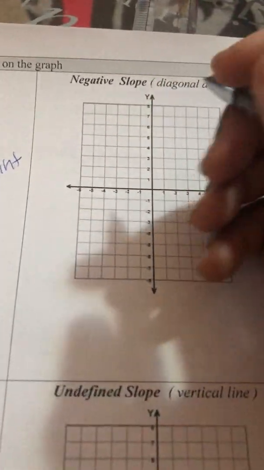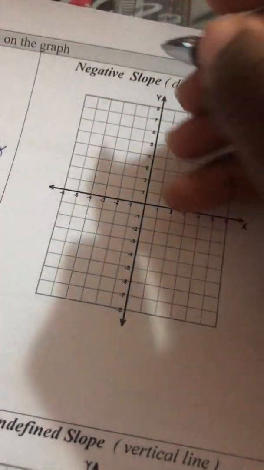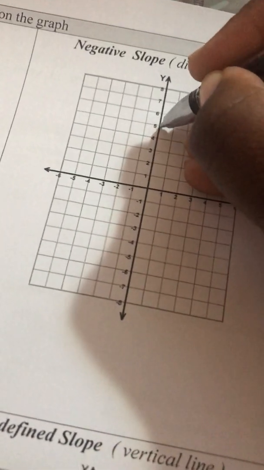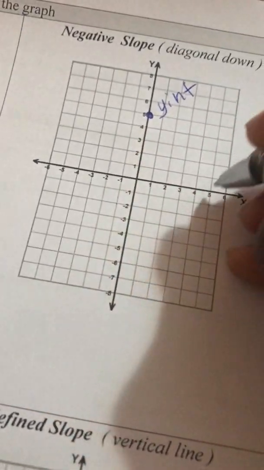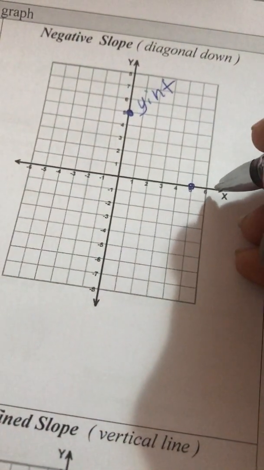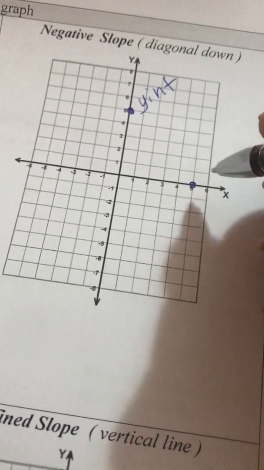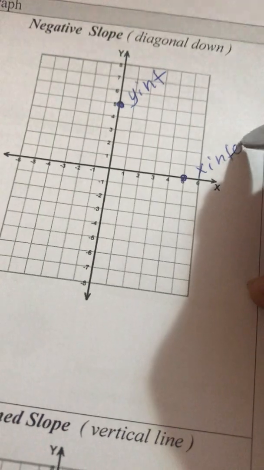And let's do negative slope. That means our line is going down. So our y-intercept is here, and the x-intercept is here.